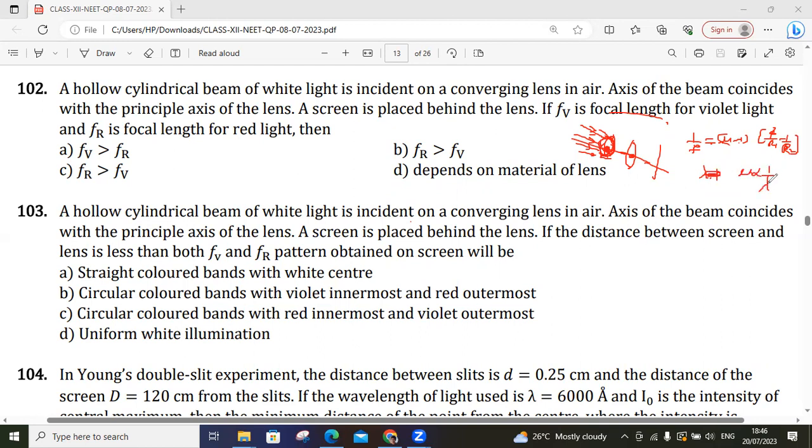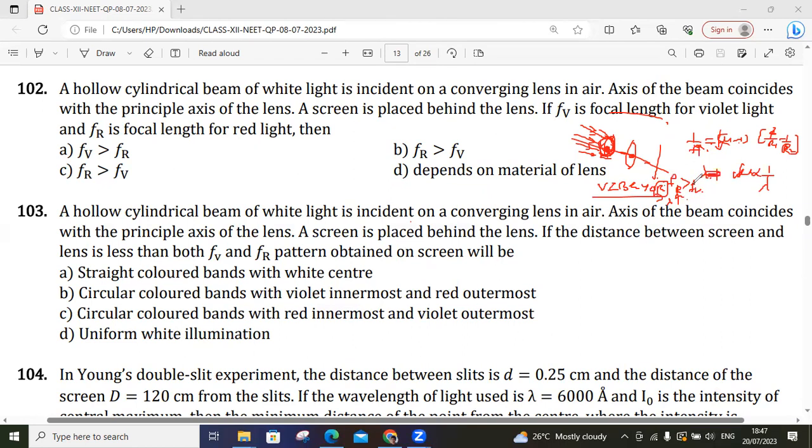If in VIBGYOR you see lambda increases like this, so for red lambda is maximum. So mu will be less. Mu is less, F is more. So for red, F will be more. So FR is greater than FV.